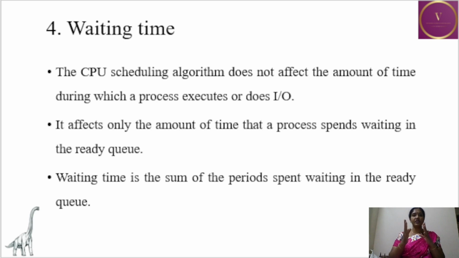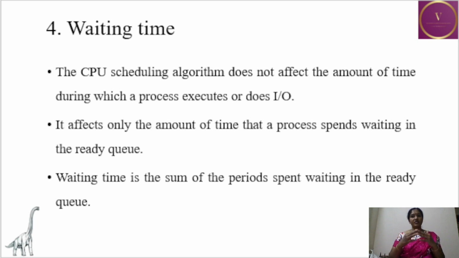So the scheduler is concerned only about how long a process is waiting in the ready queue, because using the CPU depends upon how big the process is, what it requires from the CPU, and what IO operations it is involved in. The scheduler is not concerned about all that. It is concerned only about how long the process is waiting in the ready state in the ready queue.